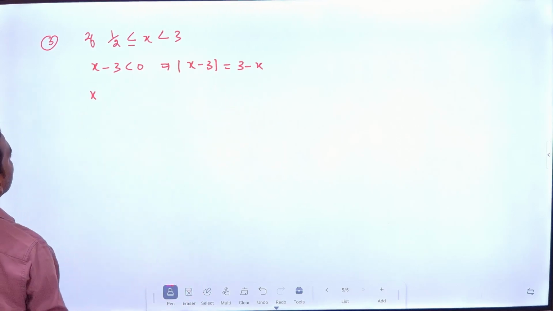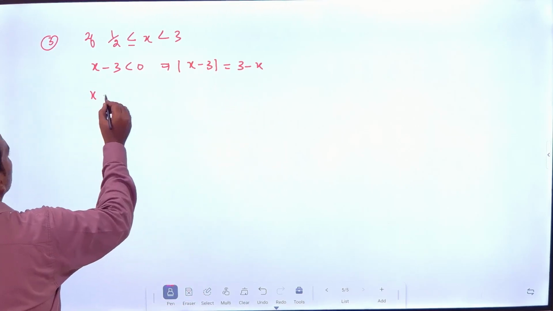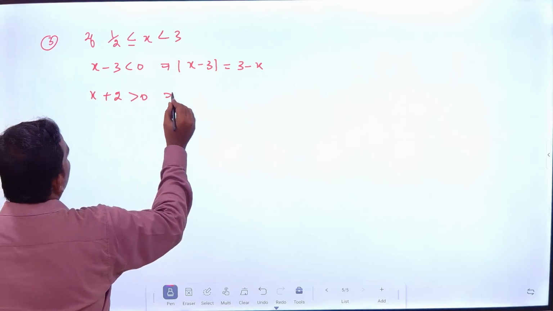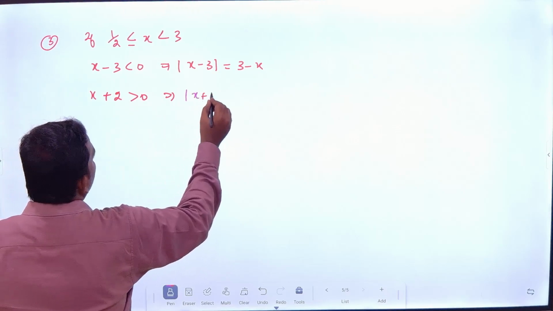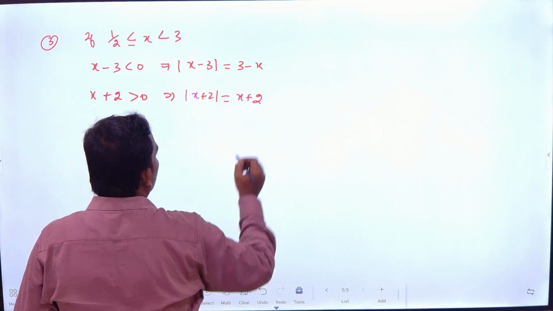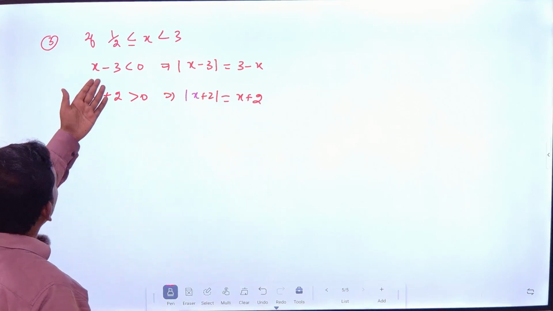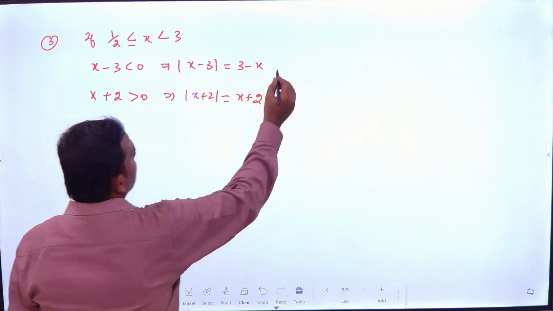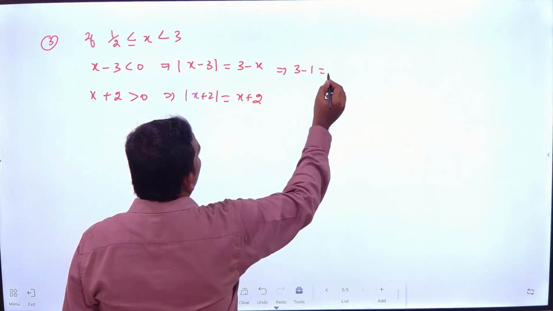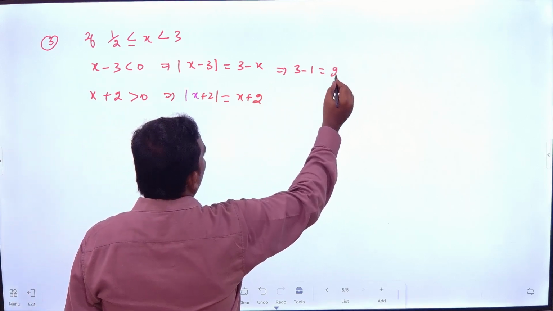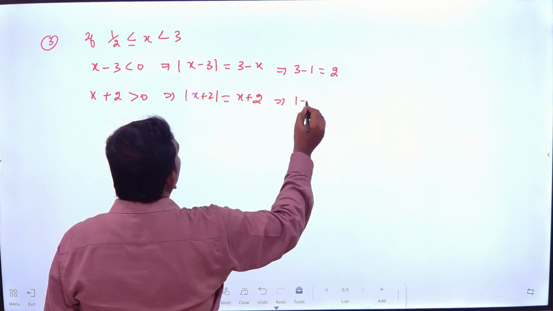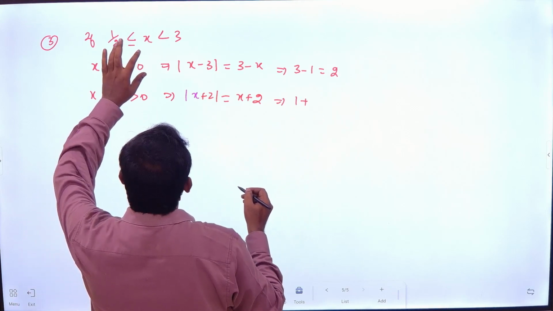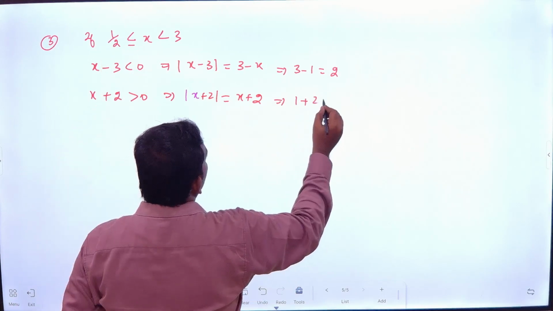What about x plus 2? You can add 2 on both sides, definitely positive, right? So mod x plus 2, you can write as x plus 2. Now you can check any number. Let's take x equal to 1. 3 minus 1 is 2. Here 1 plus 2 will be 3.